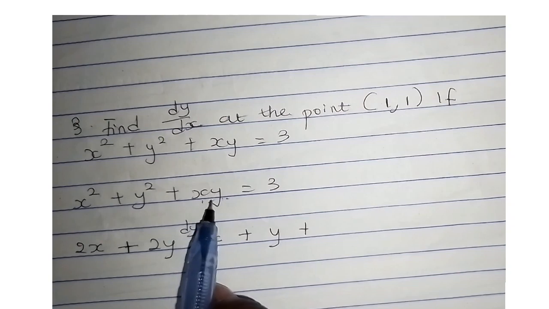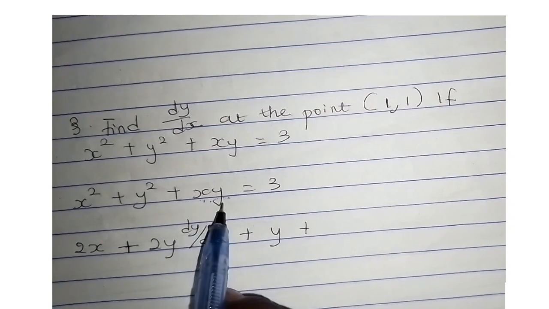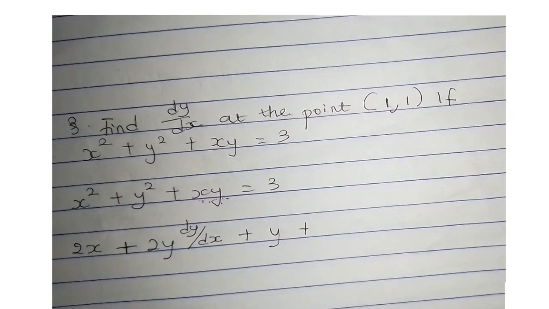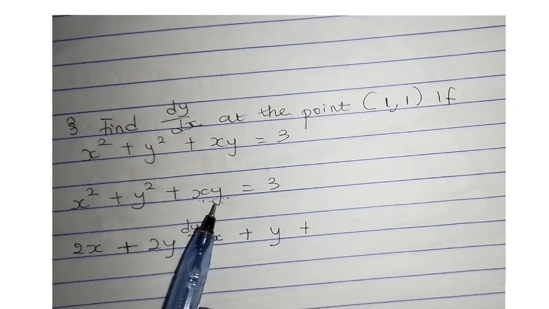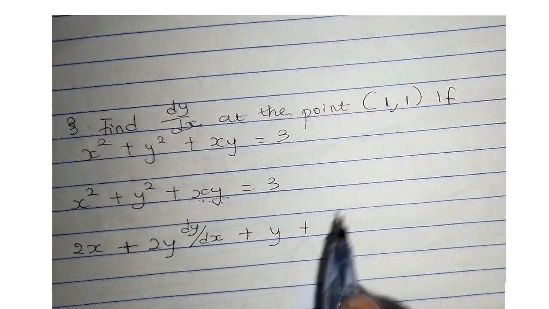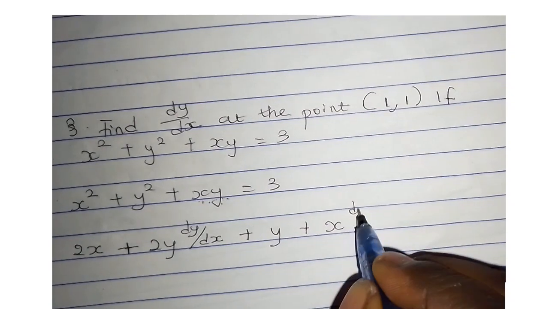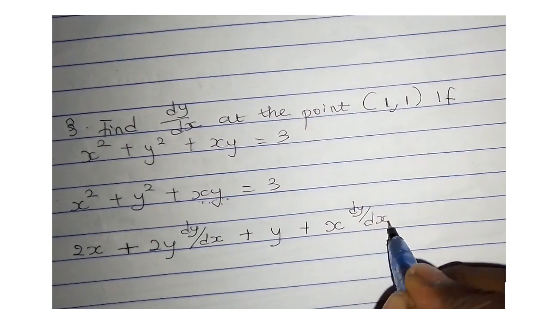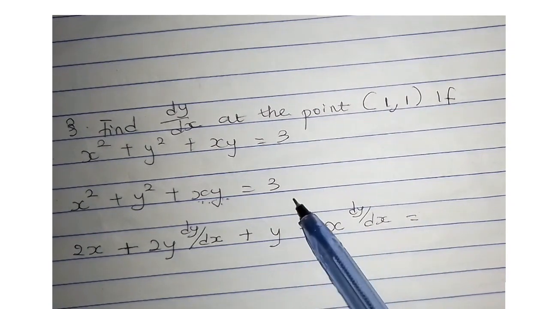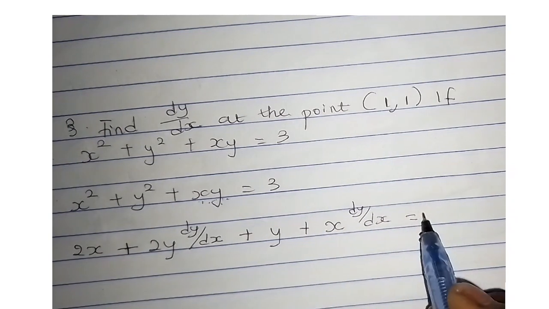Plus, we differentiated x, now it's time to differentiate y. When we differentiate y it is 1. And remember, when we are differentiating y, we are going to have dy/dx at the end. So when we differentiate y here it is 1. 1 multiplied by x is x, so we're going to have x into dy/dx, which is equal to, when we differentiate a constant, it becomes 0.